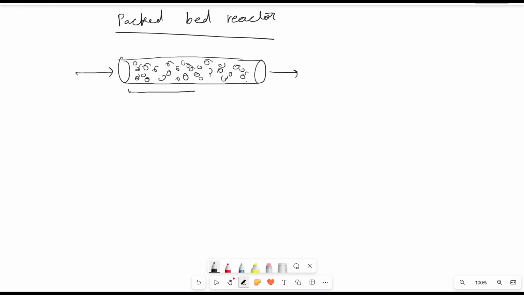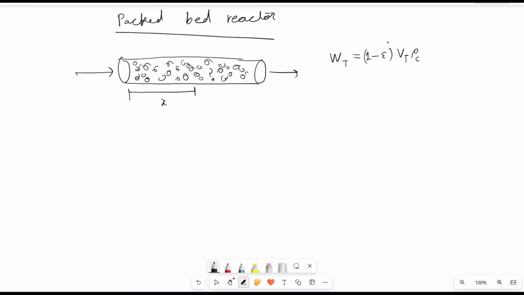Suppose this distance is x, and these catalysts have a total weight W total equal to 1 minus epsilon, volume total, into rho catalyst, the density of catalyst.